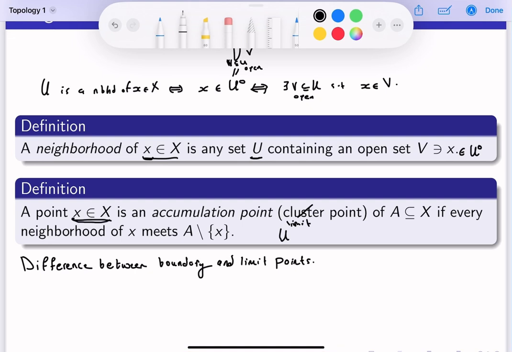So we're going to say x is a limit point if I take any neighborhood of x and I take out x and then intersect it with A, this shouldn't be empty. So what are we saying here?